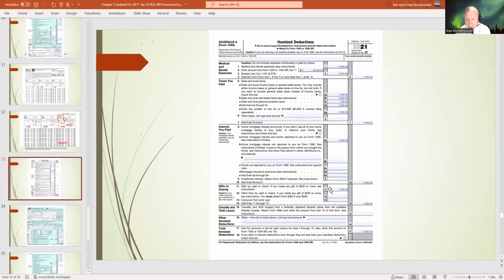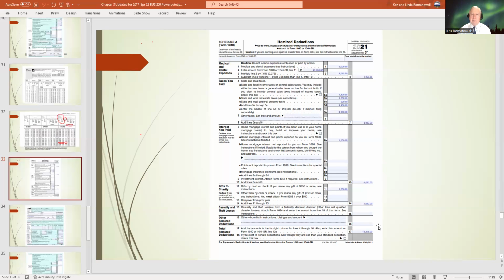So that $1,000 carries from line 11 to now line 14. So he has $1,955, $4,900, $6,000, and $1,000. You add them all up together, and that gives him itemized deductions of $13,855.